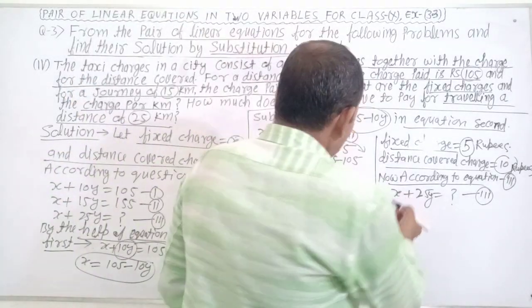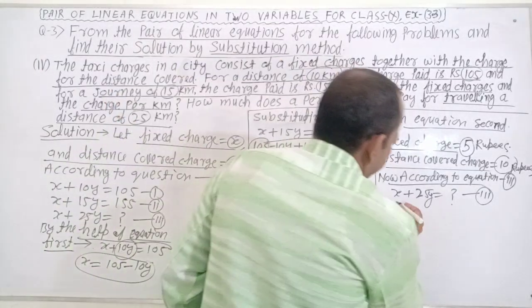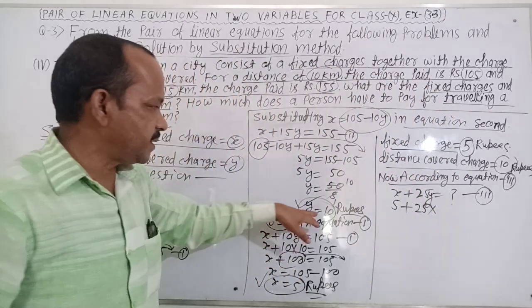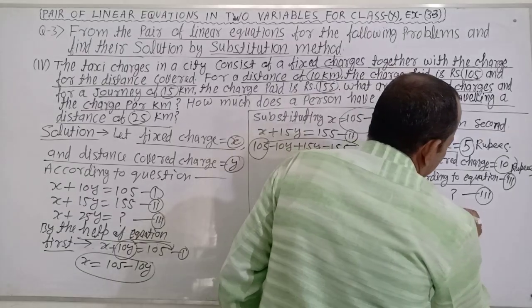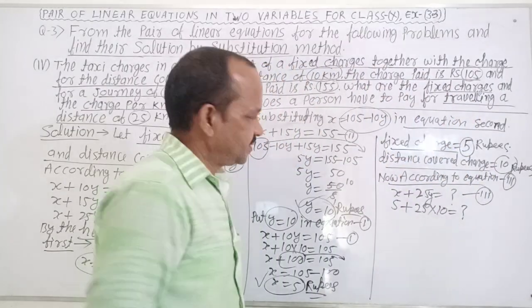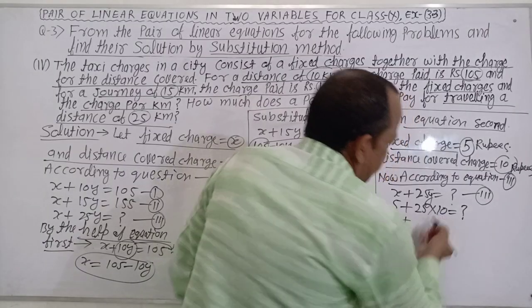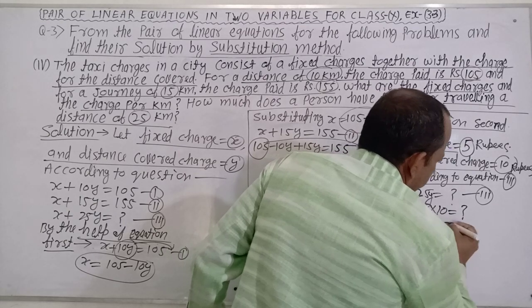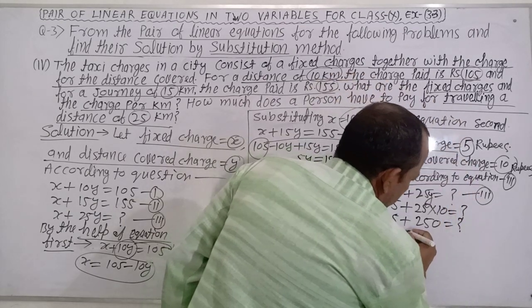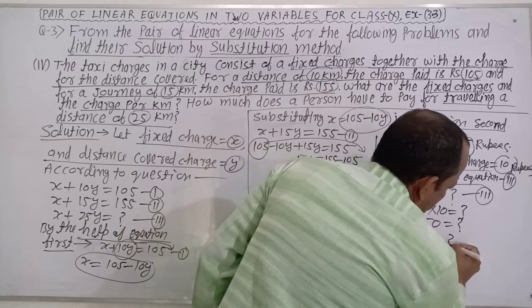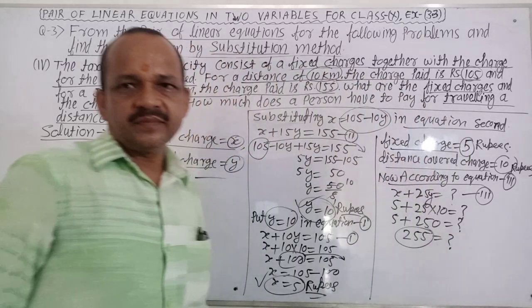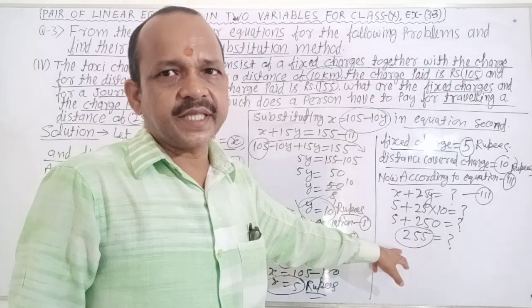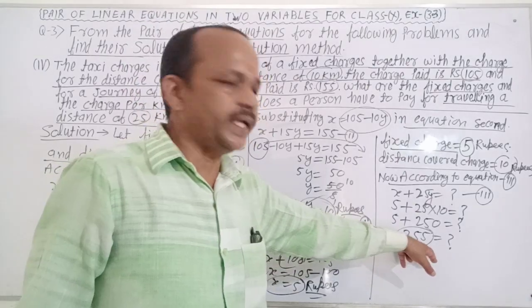Clear? Value of x is 5, 25 multiplied by value of y is 10, equal to question marks. 5 plus 25 10s are 250, equal to question marks. 255 equal to question marks. You find total charges of distance covered 25 km equal to 255.